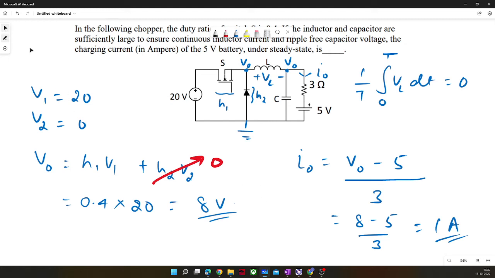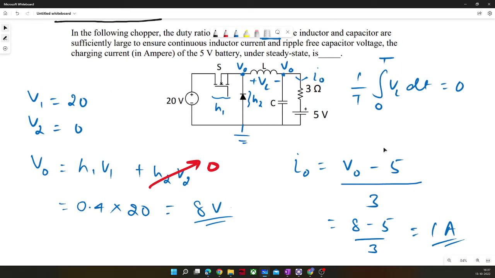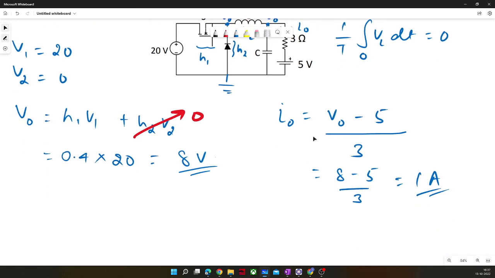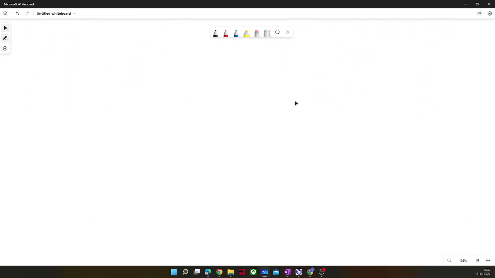I hope you must have felt this question was very easy now. Any doubt there? No, sir. Okay, fine. So we will see one more problem based on this kind of thing. The concept I have discussed today is similar to that.